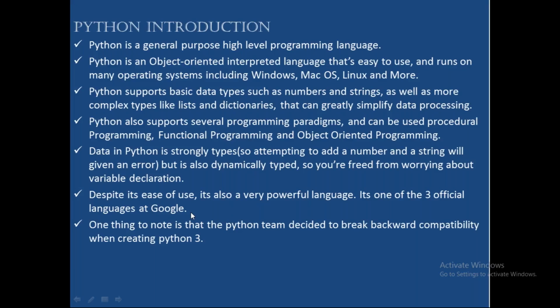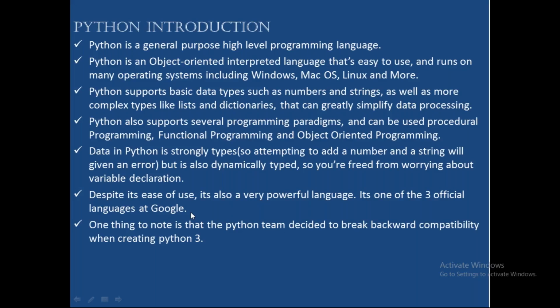But the Python team decided that Python 2 features may or may not work in Python 3, because there were a lot of performance issues in Python 2. So they improved all those things in Python 3 and completely broke compatibility.